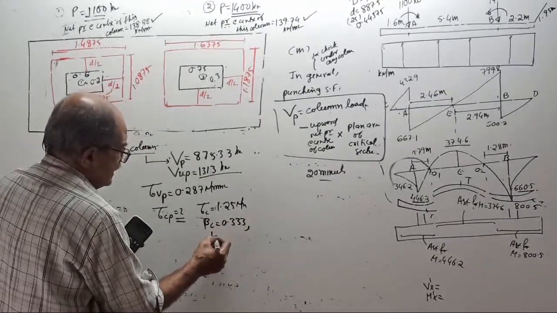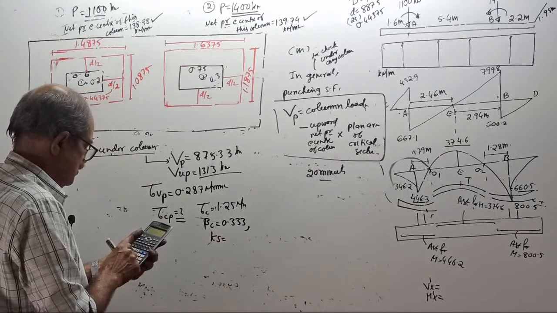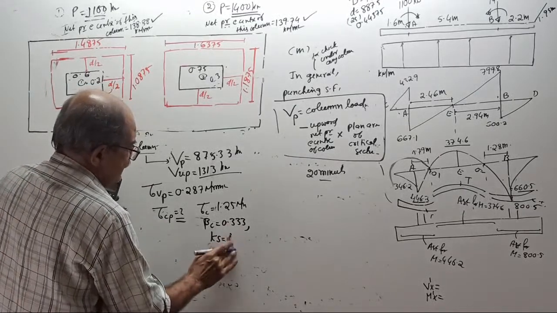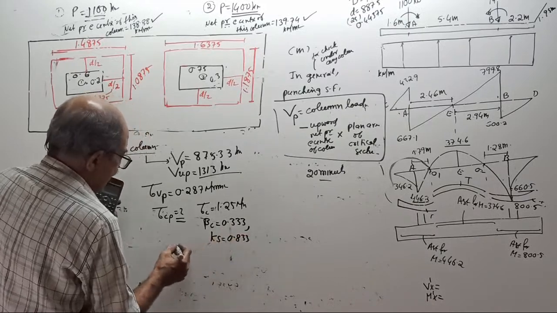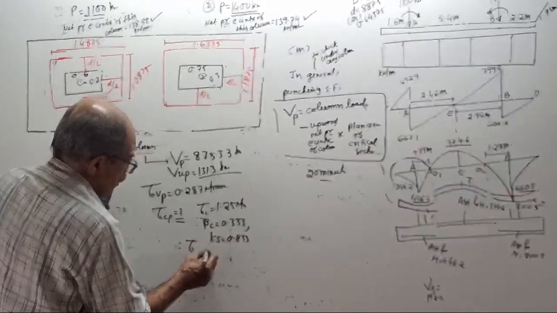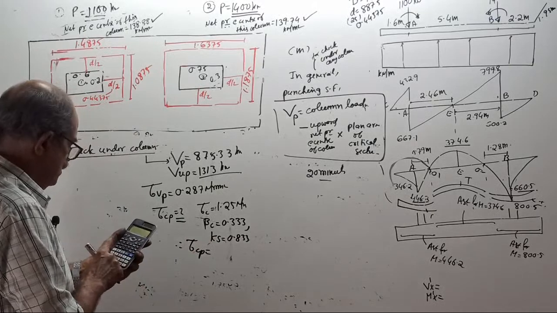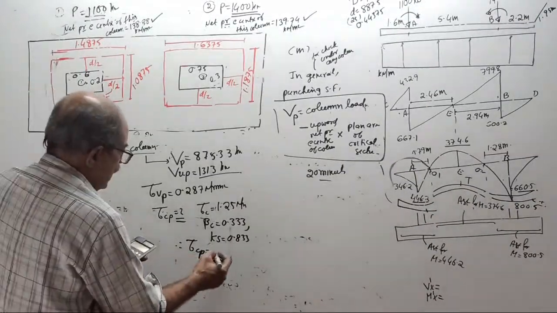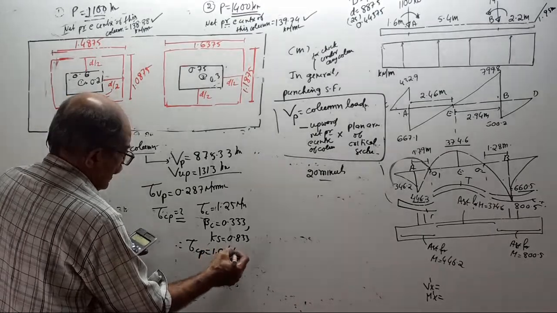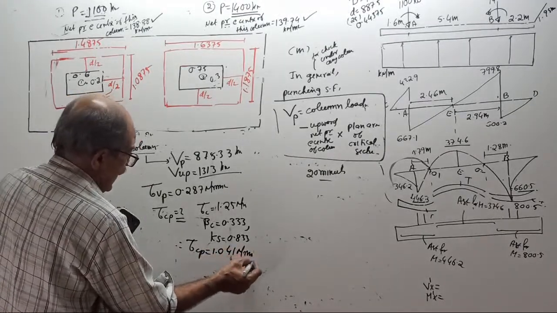Therefore, Ks equal to 0.833. Therefore, tau Cp equal to 1.041 Newton per mm square.